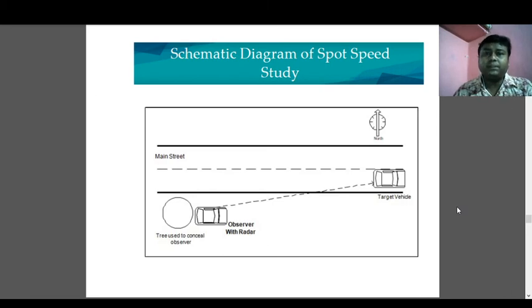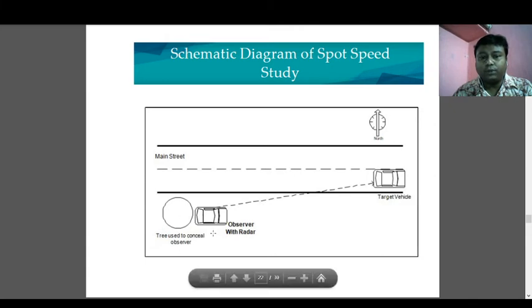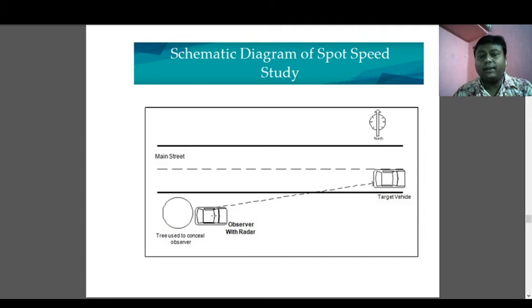Next, this is a schematic diagram of spot speed study. Suppose this is the main road. One vehicle is moving in this direction. This is the mainstream, and there is one observer with a radar. When the vehicles are moving, we directly reflect, because, as we said, in the front of the radar gun there will be a laser point.